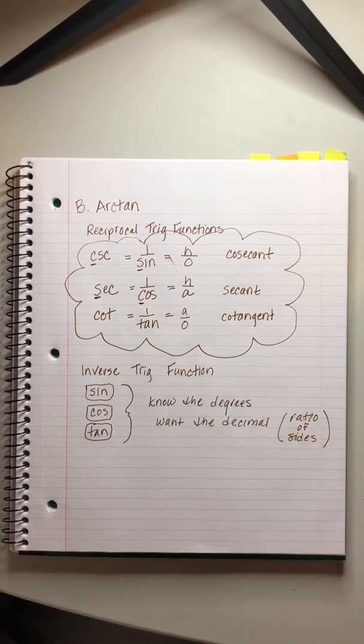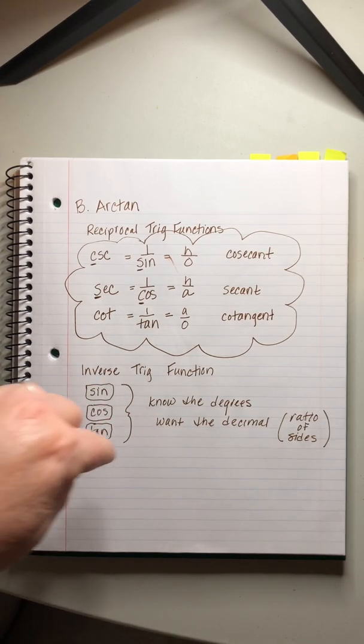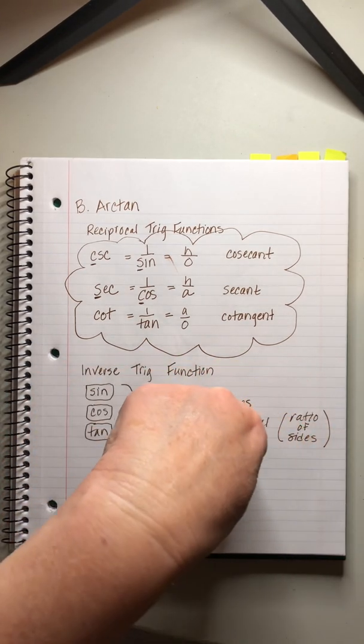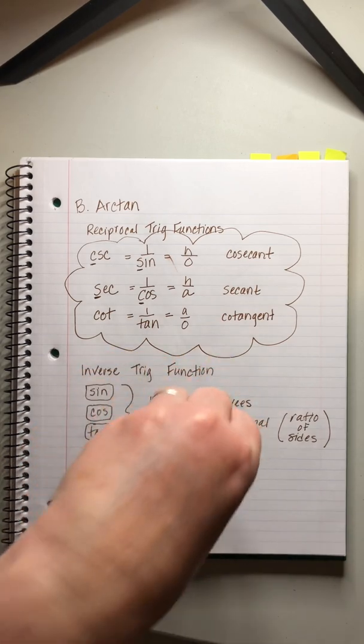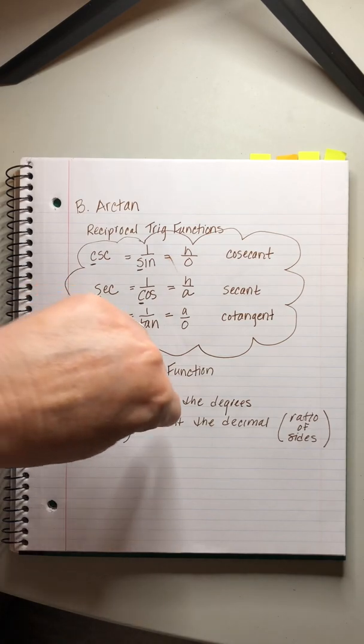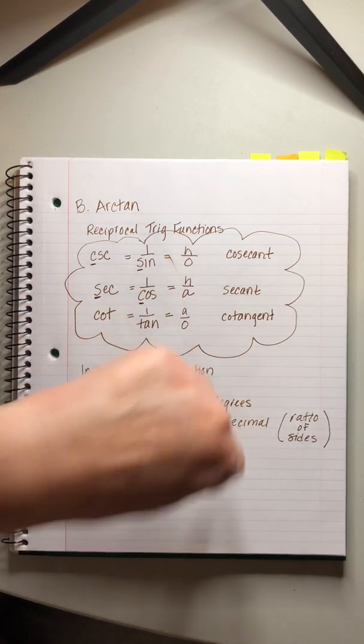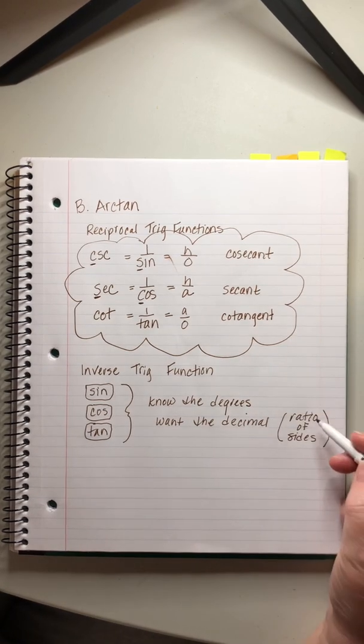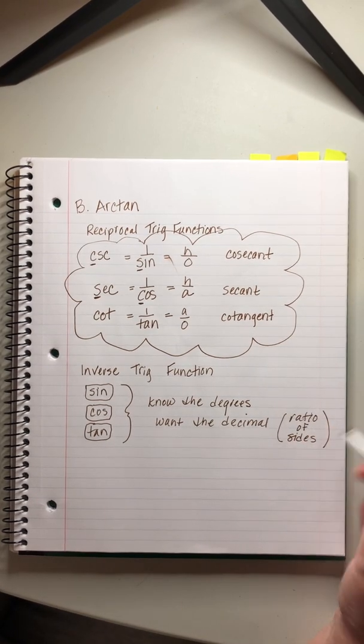And when we're using our calculators, it gives us that ratio in decimal format. So that's where this expression came from. This is my expression. John didn't come up with this one. It's when we know the degrees and we want the decimal, which also represents, sometimes, a fraction or a ratio of sides. We think of it that way.